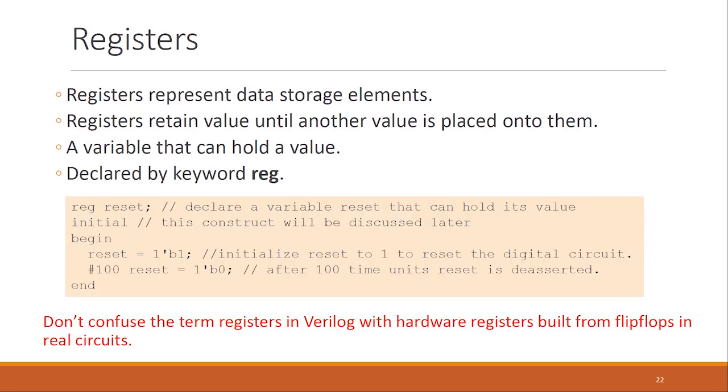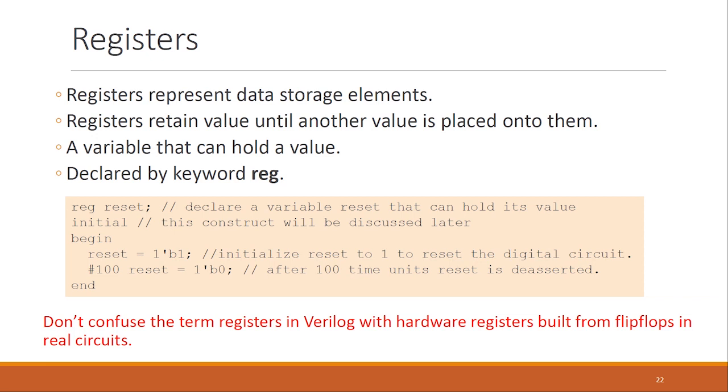And the next data type we have in Verilog is registers. So registers represent data storage elements. You have seen registers in real hardware, and there's a slight difference here. Actually, it's kind of a big difference, so that is also mentioned in the slide. For registers, you need to keep in mind that it's a data type that can store a value.